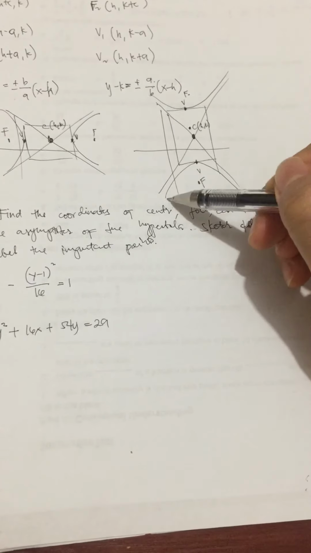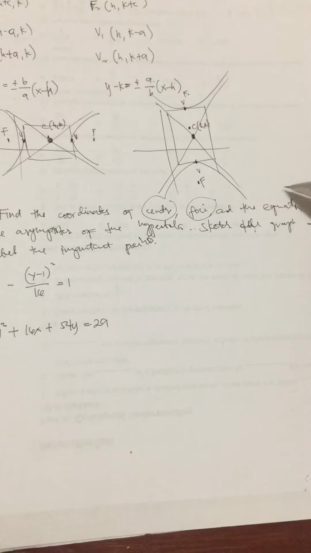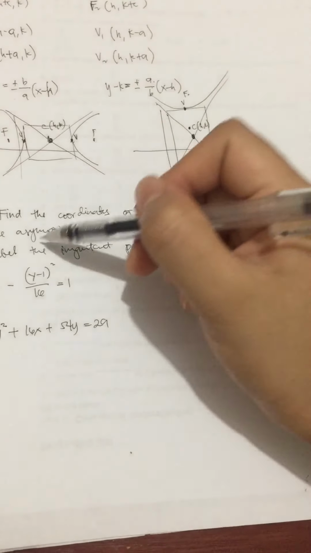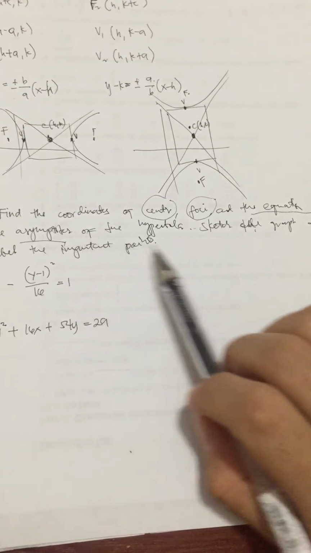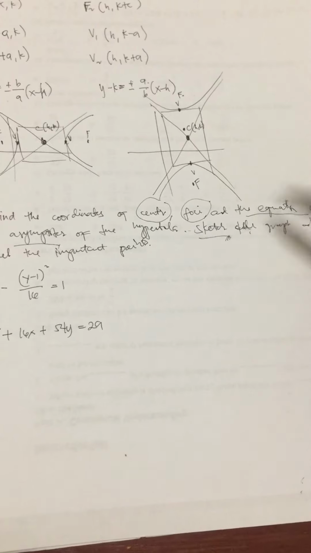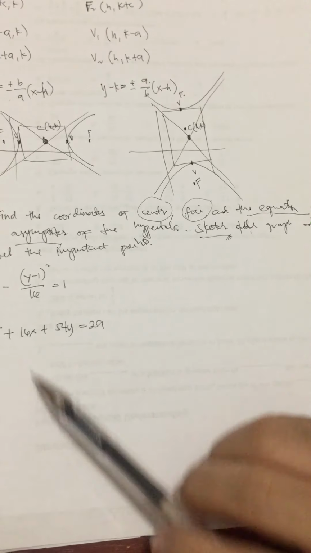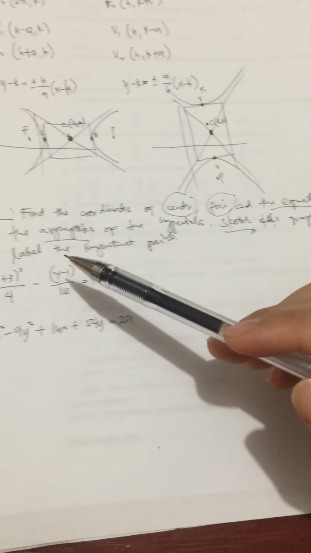So, we are asked to find the center, the foci, and the equation of the asymptotes. Hindi nakalagay yung vertices, but later we'll just include the vertices. And we are also asked to sketch its graph. So, dalawa yung ating problem under example number 3.